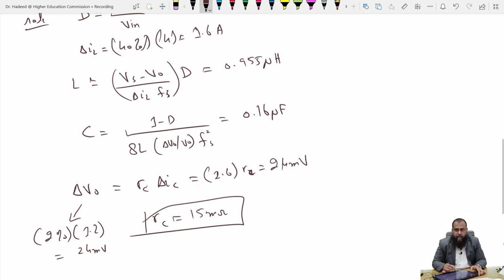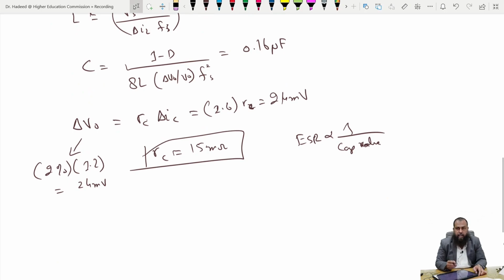Sometimes, because this ESR value is usually inversely related to the capacitor rating, we want to ensure that the ESR is well below the calculated range. So sometimes instead of using 0.16 microfarad, we go for a much higher value of capacitance to ensure that this delta V naught always stays within the 2% limit.